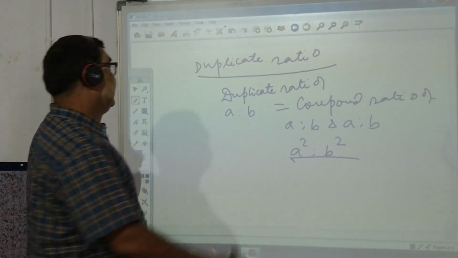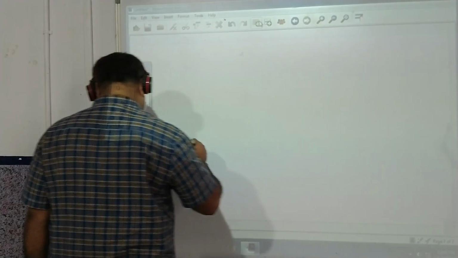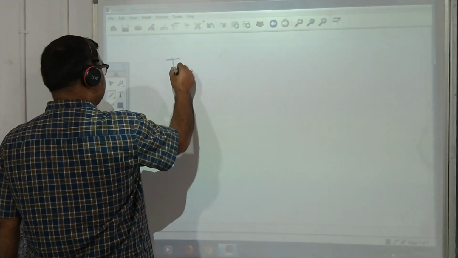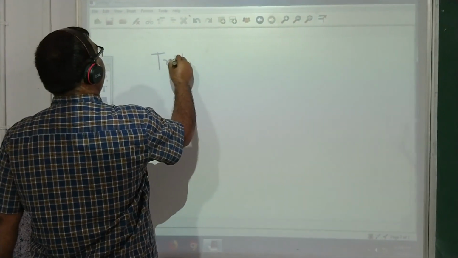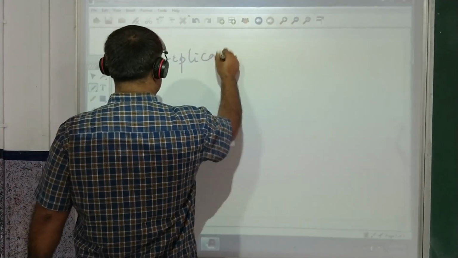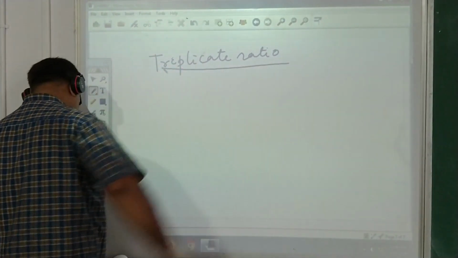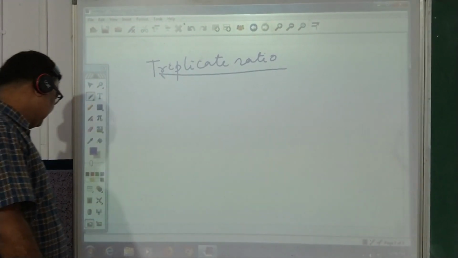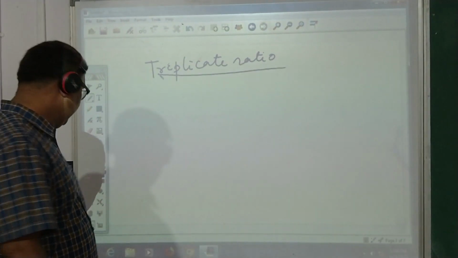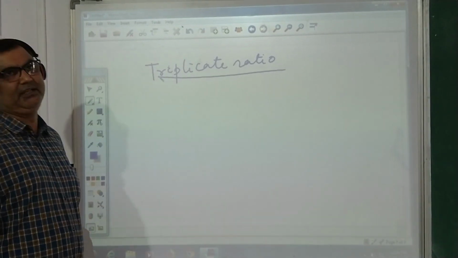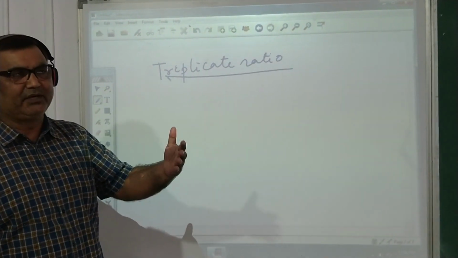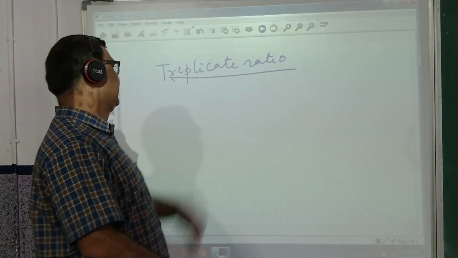Next, the third is the triplicate ratio. It is the compound ratio of three equal ratios.